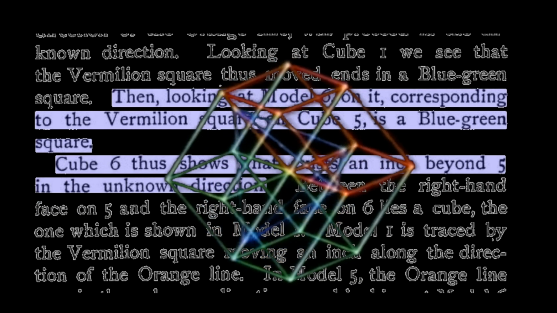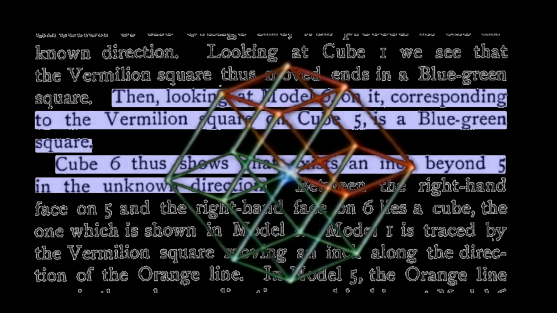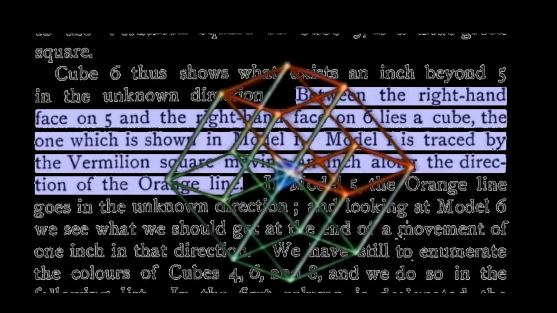Then, looking at model 6, on it, corresponding to the vermilion square on cube 5, is a blue-green square. Cube 6 thus shows what exists an inch beyond 5 in the unknown direction. Between the right-hand face on 5 and the right-hand face on 6 lies a cube, the one which is shown in Model 1.